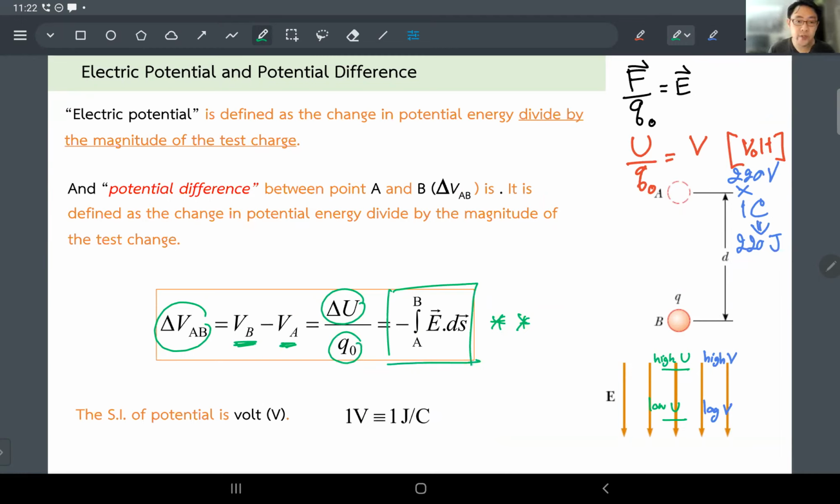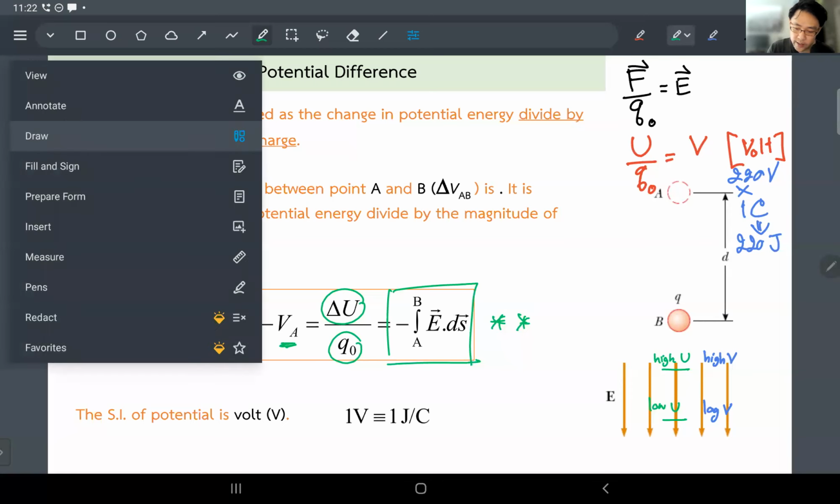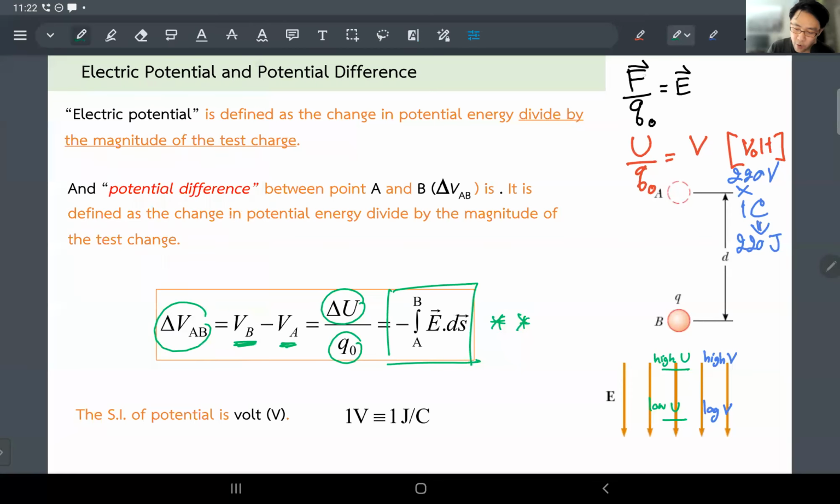And this gives you the connections. You now know the connections between force and the field, energy and the potential. Field, potential, they are all connected like this.